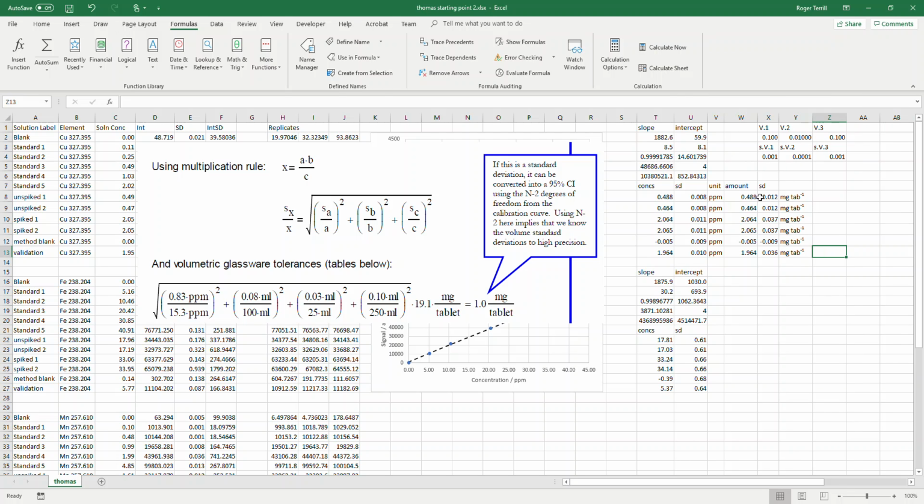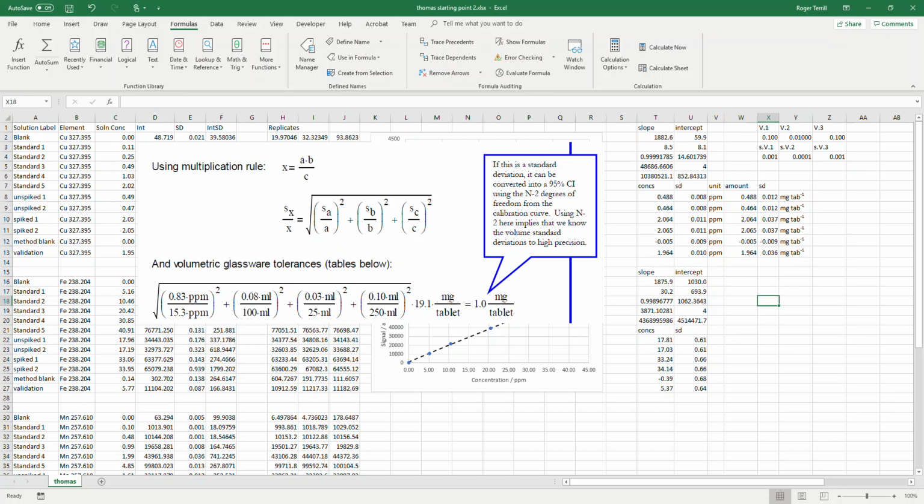So remember, I think the label said 0.5 for copper. Now we got 0.488, 0.46, 2.06, 2.06. There's the blank, which came out negative. There's absolutely nothing wrong with that because it's super small. And then there's the validation, and we have yet to determine what the actual value is on that.